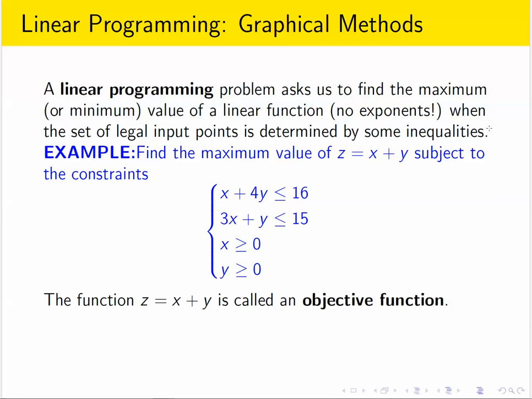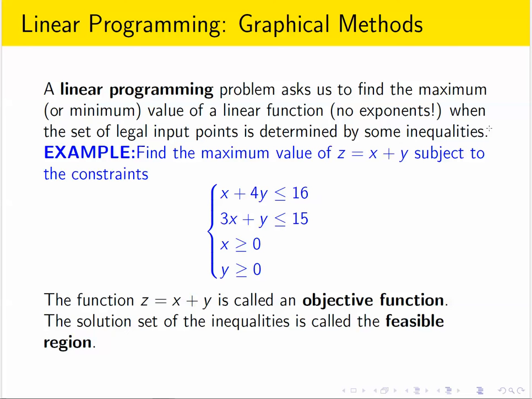The function we're trying to maximize or minimize, depending on the application, is called an objective function. And the points we're allowed to plug in, the points that satisfy all of the inequalities, make up what's called the feasible region.